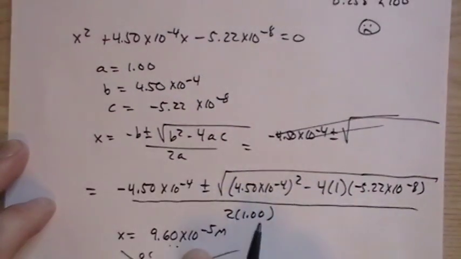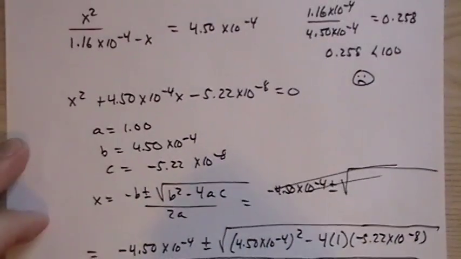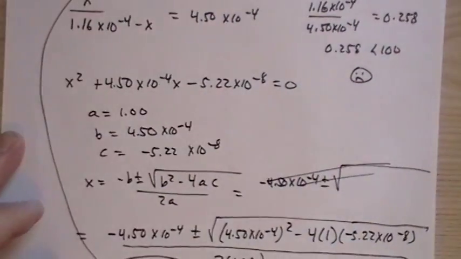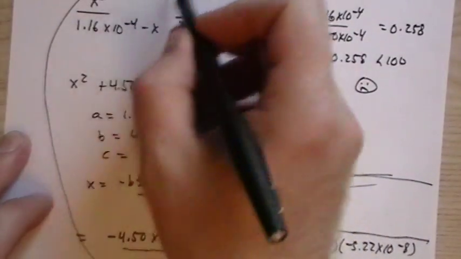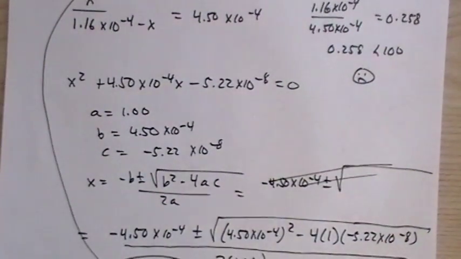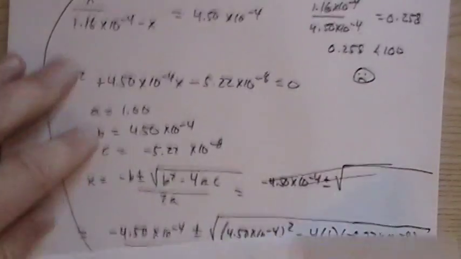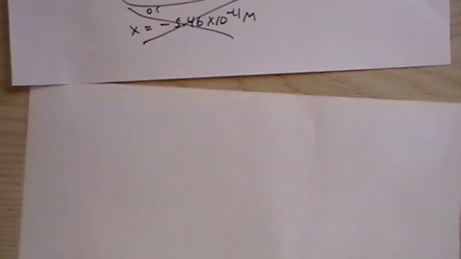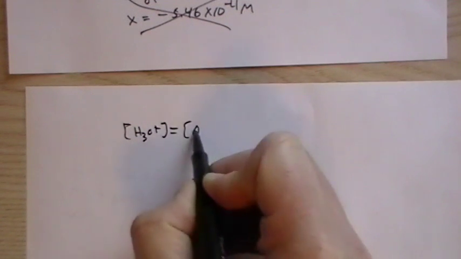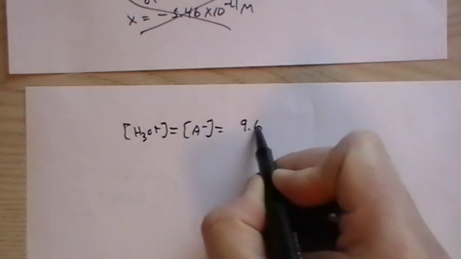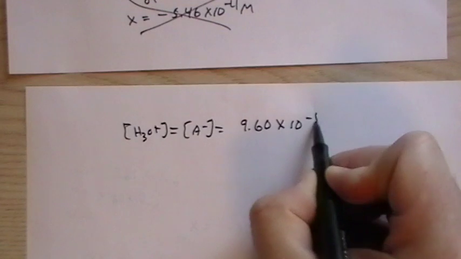So when we put this number back up here, we have to hope that it looks like it should still be positive once we put it in there. We have to have a positive concentration. So the end result then is we end up with the concentration of H3O plus is equal to the concentration of A minus, which is equal to 9.60 times 10 to the minus 5 molar.